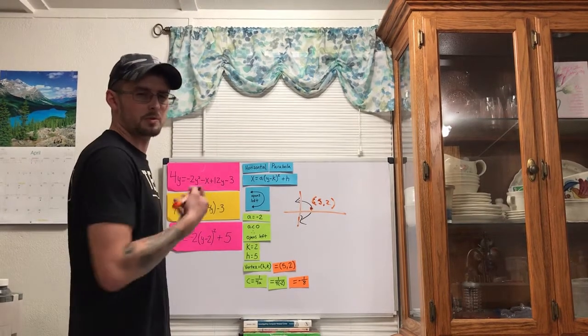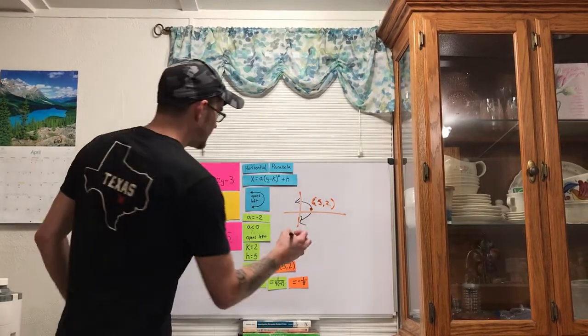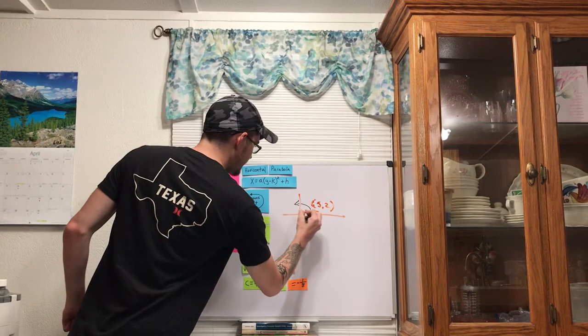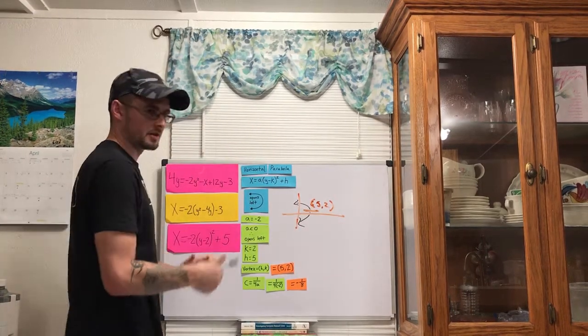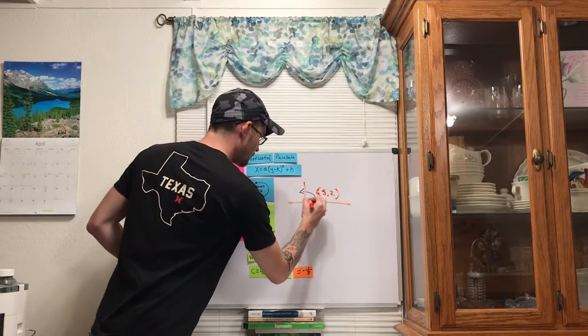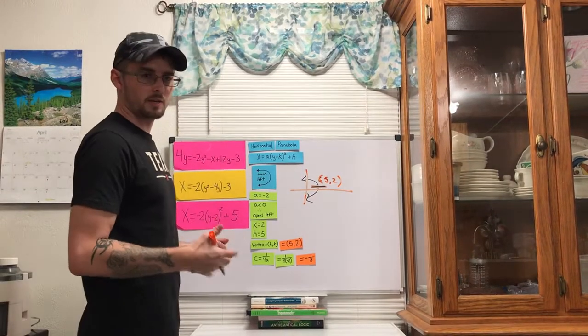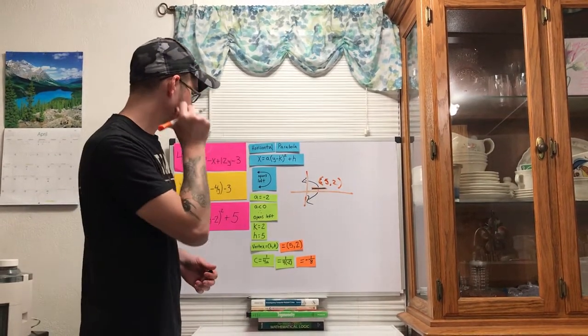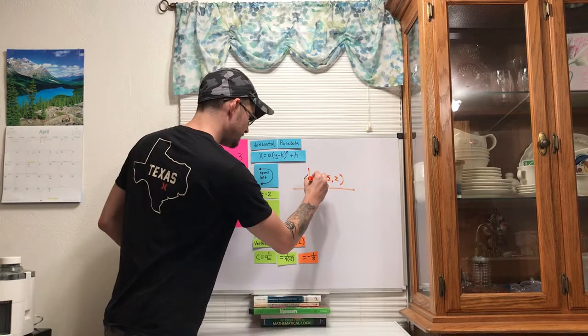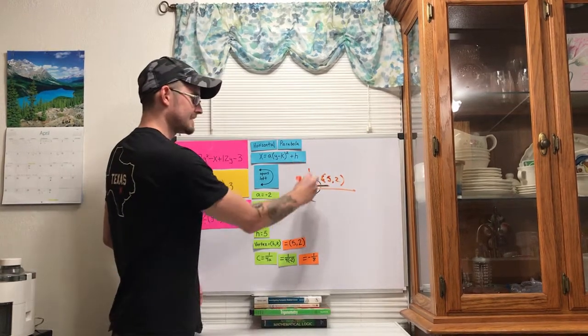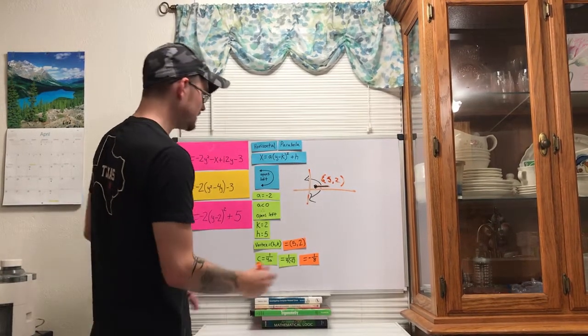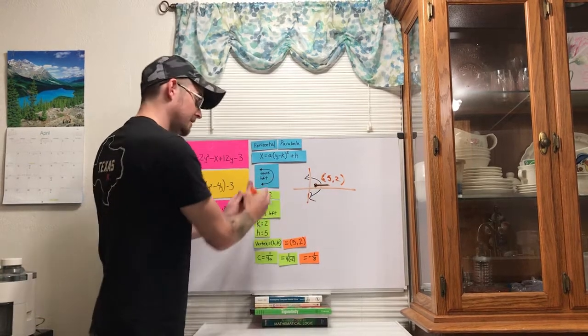And the reason why we wanted that is because this value right here, it's a little hard to see, I know. We want to get the focus and we want to get the directrix. The focus is going to be a point inside of the parabola, or in this case, to the left.